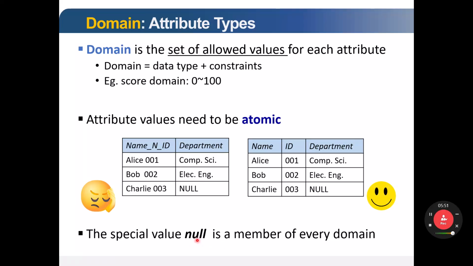But in a DBMS, null is not 0. Null means unknown value. And null can be used for any kind of domain. Whether it is a string type or integer type, any domain can have null values.